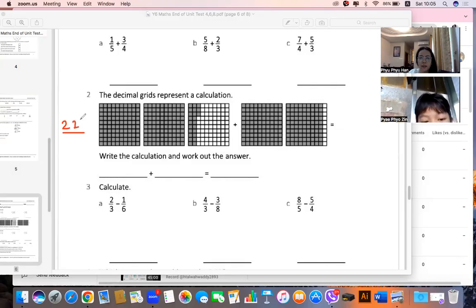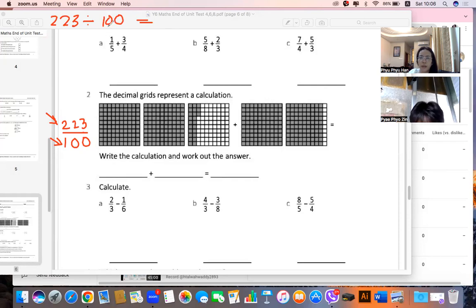So for the decimal, you divide by 100, because this is the 3, and you will also divide by 100 to get the decimal. So 223 divided by 100. Why do I divide by 100? Because this is a 100 square, not a 1,000 square.